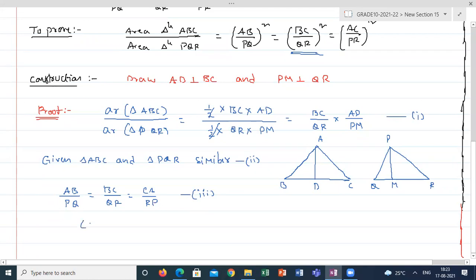So angle B is equal to angle Q. That is also given. Corresponding angles are the same in similar triangles.